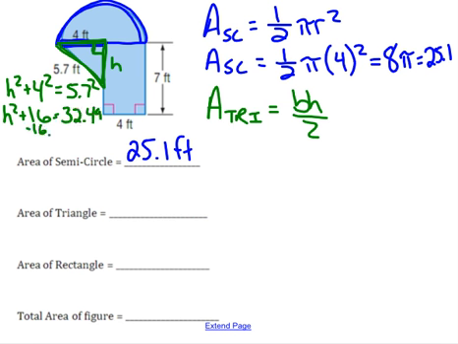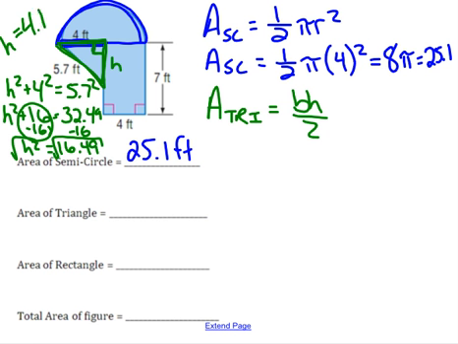Subtract 16, and we have h squared equals 16.49. When you square root both sides, you get height equal to the square root of 16.49, and that is going to be 4.1.